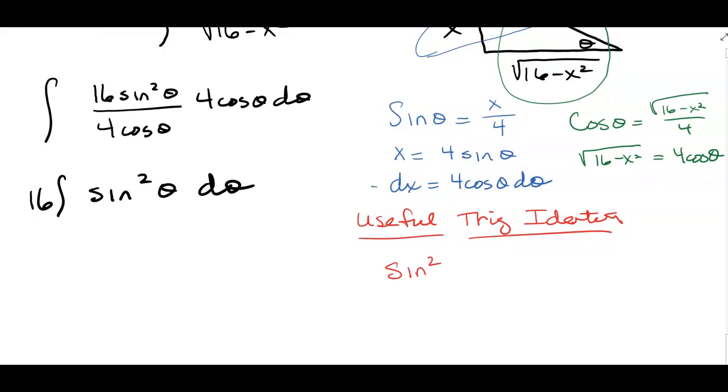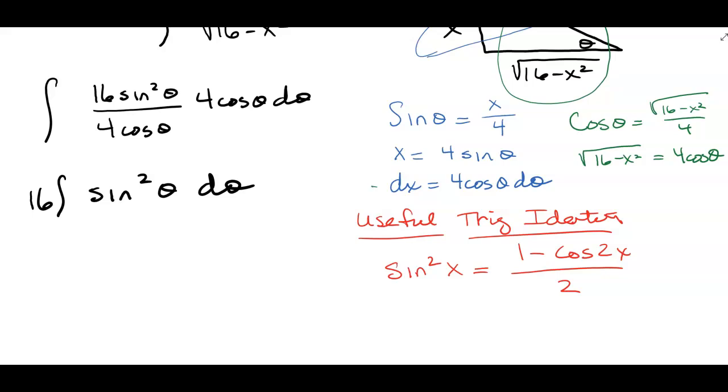Sine squared of x equals 1 minus cosine 2x over 2. This is one of the power reducing ones we did in the last section. It removes us having a trig function that is squared, because we know we can't integrate sine squared, and puts us into a cosine function that we can integrate. So I'm going to go ahead and plug that in.